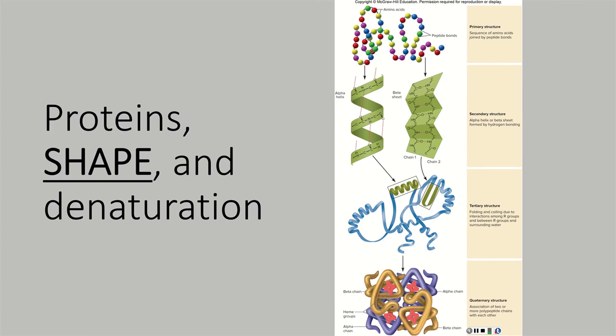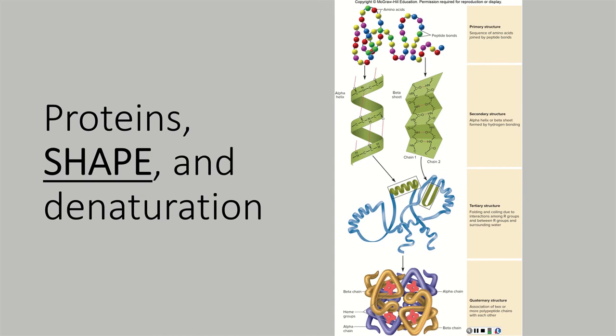And the 2 most common ways of denaturing a protein are with increased temperature and decreased pH, by making it hotter or by making it more acidic. High heat, low pH will break bonds and denature a protein.